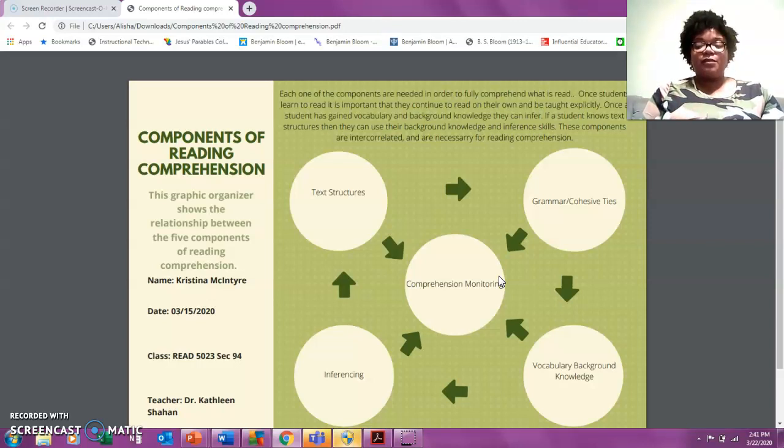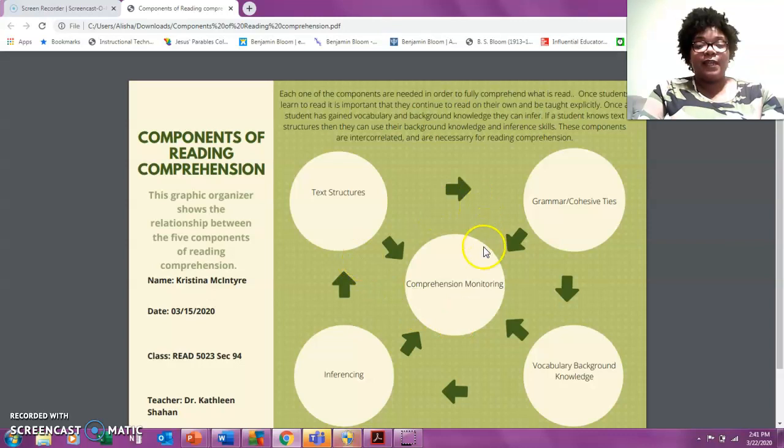If they come across a text that they don't necessarily know what it's about, or they're unfamiliar with words, we want them to be able to stop what they're doing and think about what the text is asking or what the text is about. So we want all our students to be here at some point, so that we know that they are reflecting on what they understand.